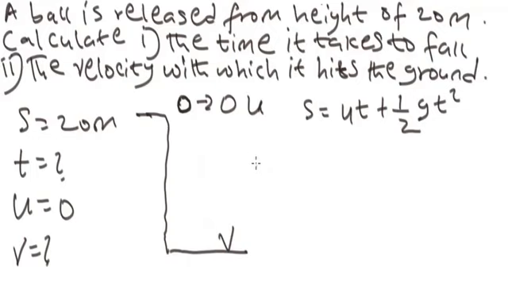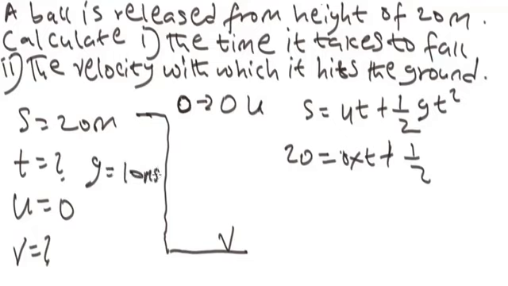Substituting, our x distance is 20 equals 0 times t plus half times g, where acceleration due to gravity g is constant, 10 meters per second squared. So we have half times 10 times t squared.